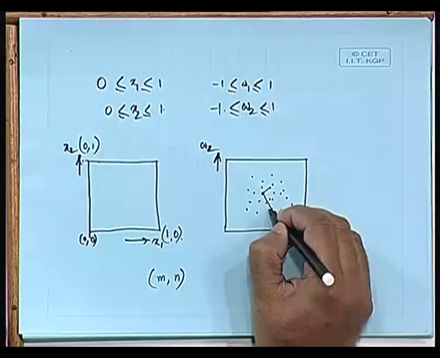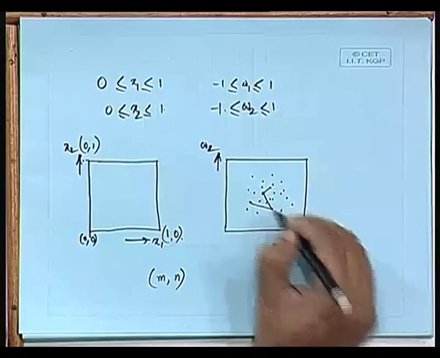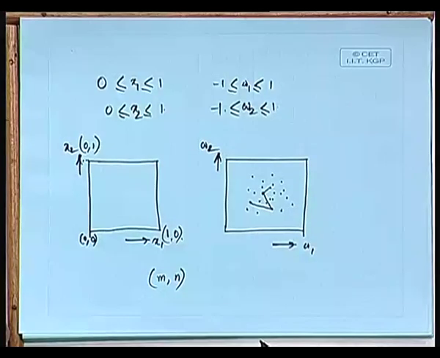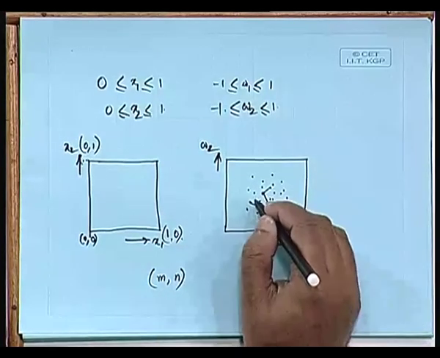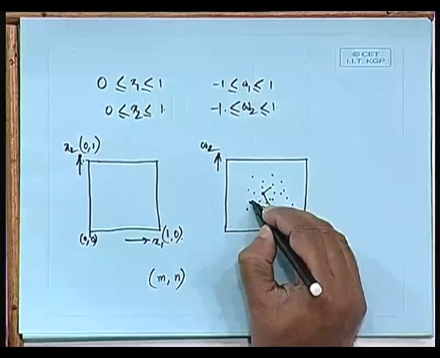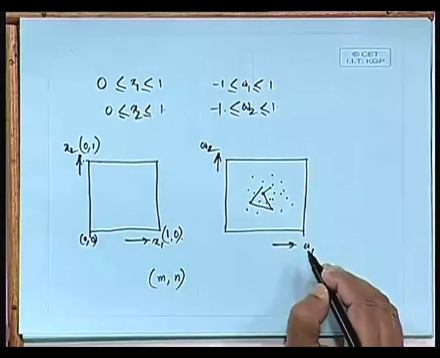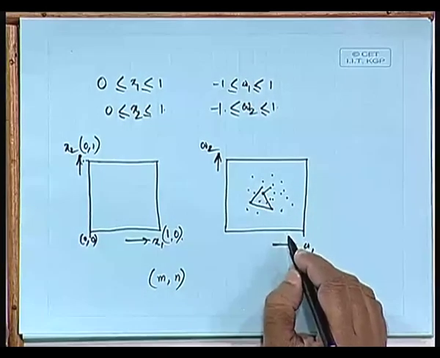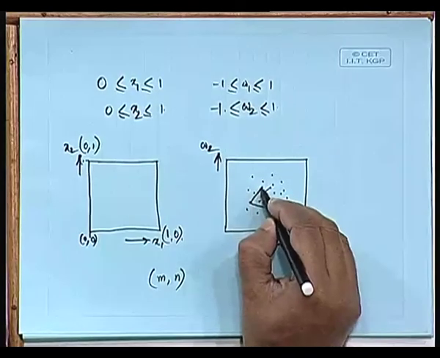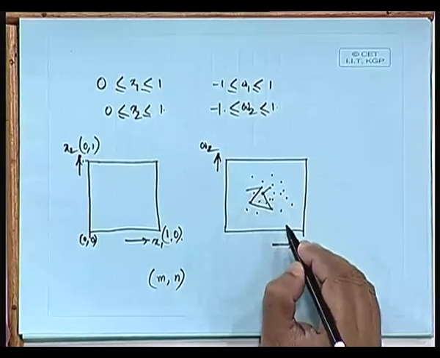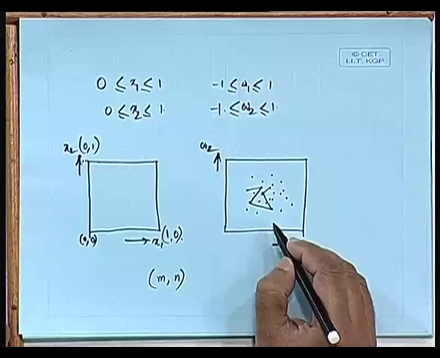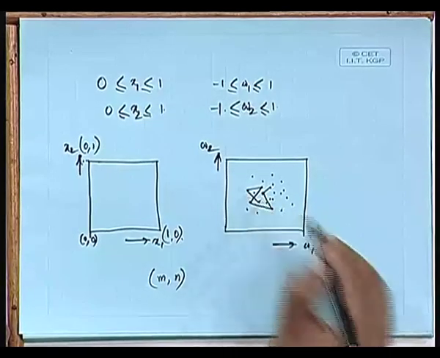Now, 1 0 is connected to 1 1, maybe that 1 1 vector is lying here. Now, again 1 1 is connected to 2 1, and supposing 2 1 is lying here, and supposing that 2 1 is connected to 2 2, it is lying here. And supposing 2 2 is connected to 1 2, and 1 2 is lying here.